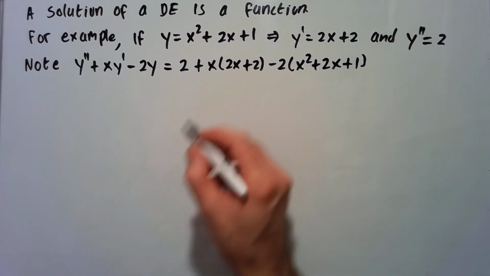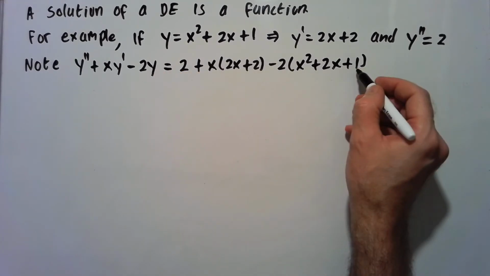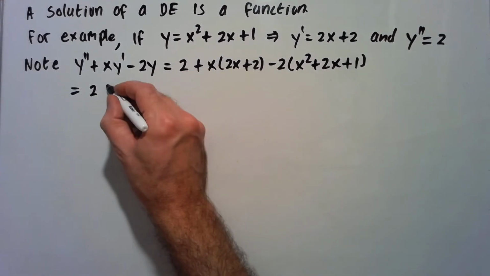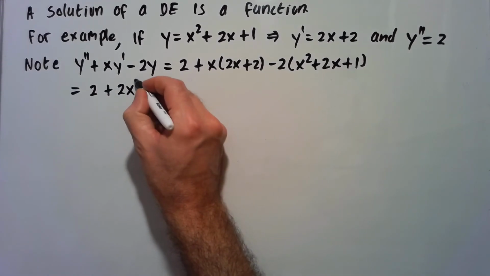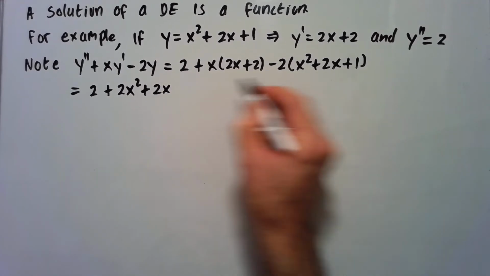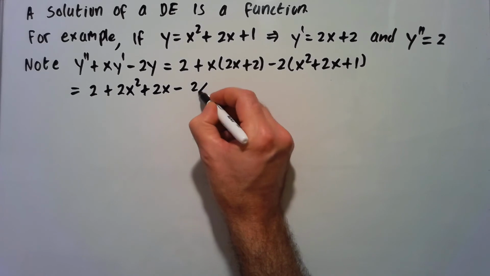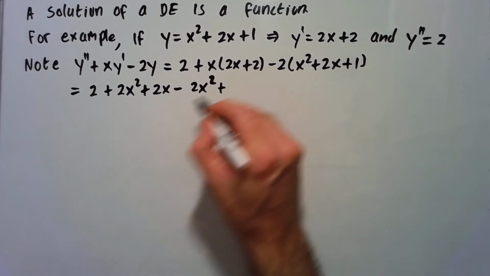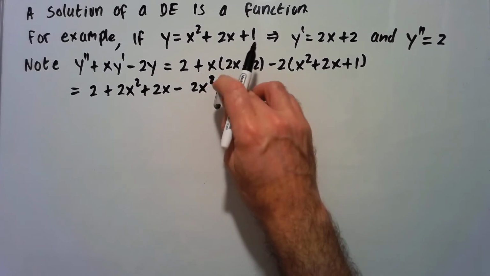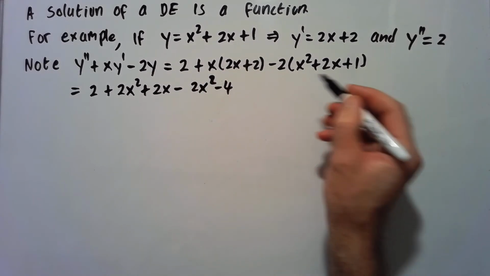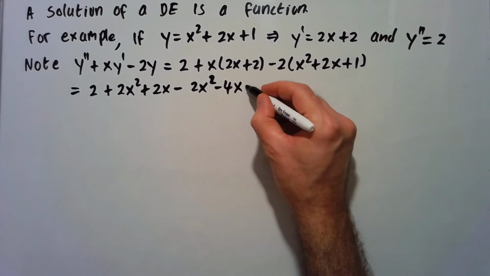Working this out, this would be 2 plus 2x squared plus 2x minus 2x squared minus 4x minus 2.